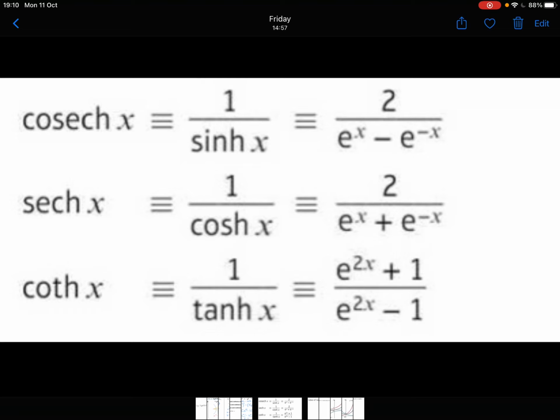I'm not too sure about those things. We don't use them that often, or at least I've not used them that often. But they're just the reciprocal of the hyperbolic functions in the same sort of way as we have the cosec, sec and cot reciprocal trig functions. Right, so that's all of the definitions out of the way.